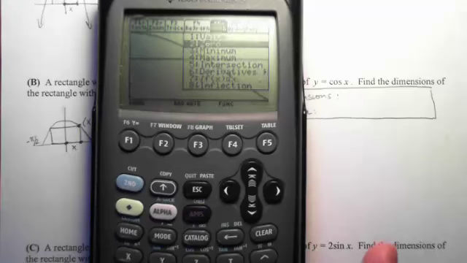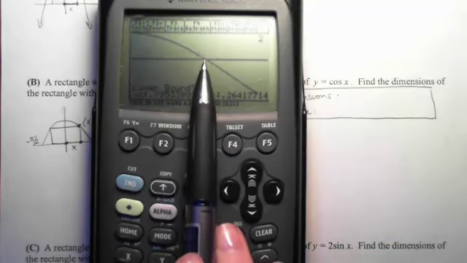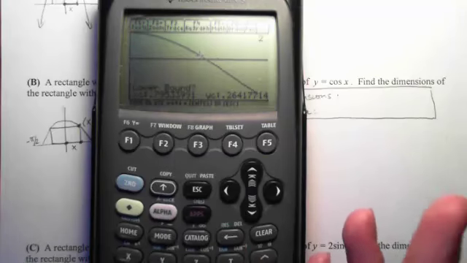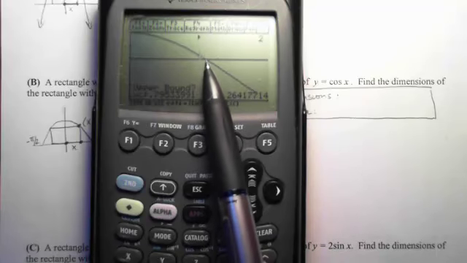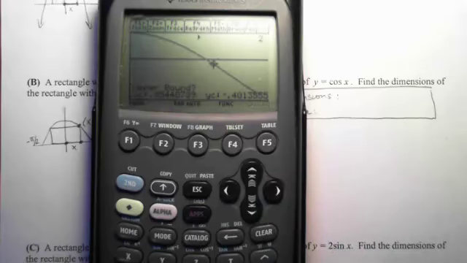I'm going to look for the 0. It asks me for a lower bound. That means I need to locate the 0 and move to the left, and I'm currently blinking on the left, so I'll hit enter. The upper bound means I need to be to the right of that number. So even though it looks like it's underneath, that's still an upper bound for the x value.